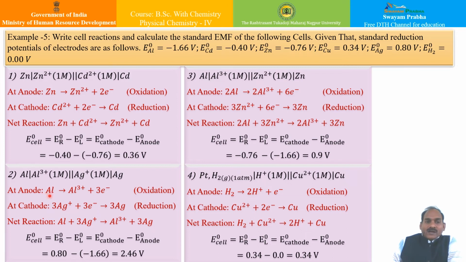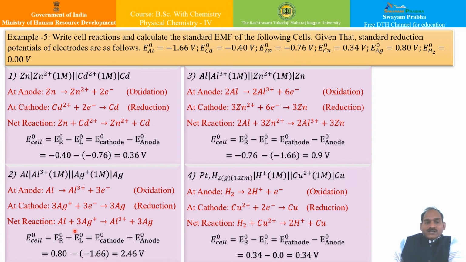At the anode, aluminum releases 3 electrons and aluminum ions go into the solution. These 3 electrons are absorbed at the cathode by the silver ions, and 3 moles of silver atoms are deposited at the silver electrode, on the right hand side.